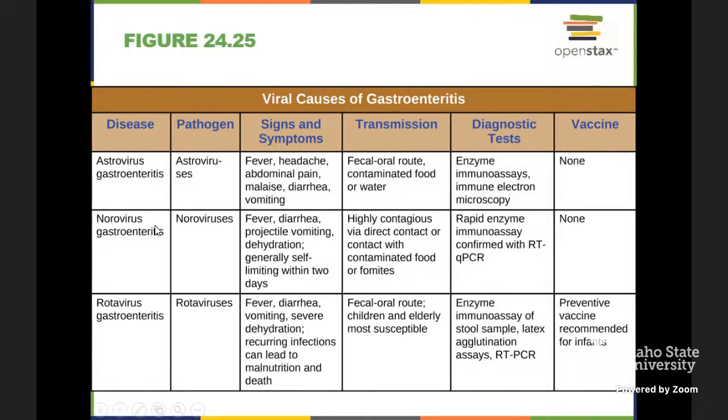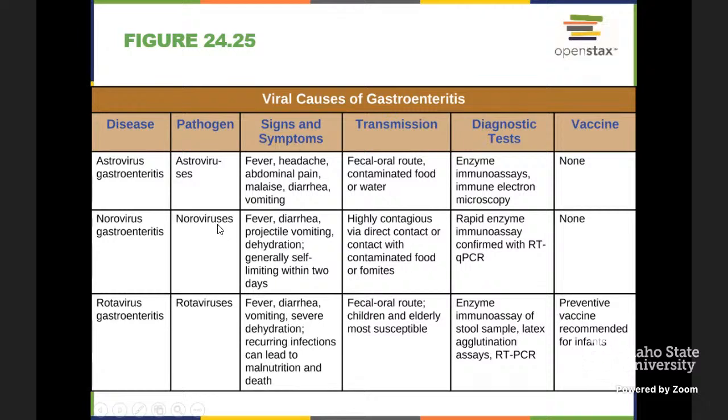Norovirus is super common to see in stuff like cruise ships. You take a cruise, you almost guarantee you're going to get some diarrhea. All right. Some of that could be written off as traveler's diarrhea. You get off the boat and go in somewhere and maybe consume something. E. coli is a good one for some traveler's diarrhea.